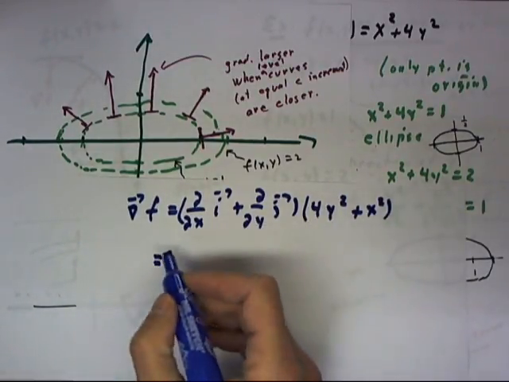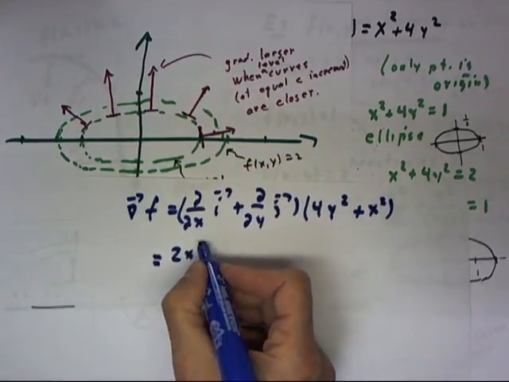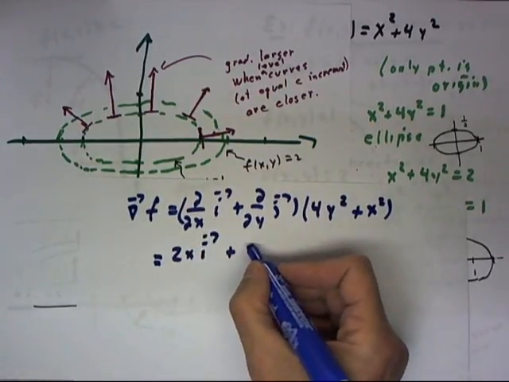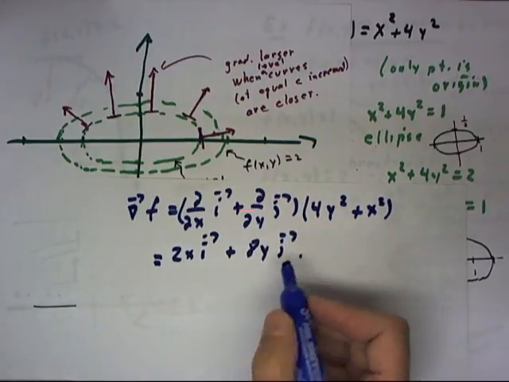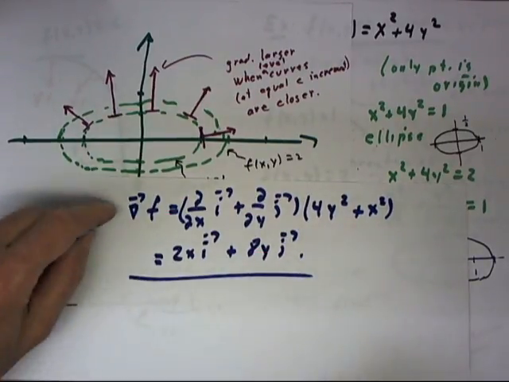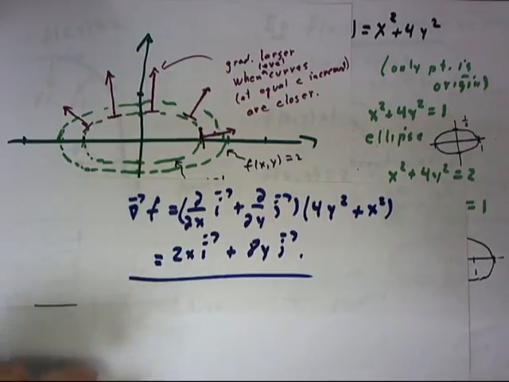And the partial with respect to x is just going to be 2x i, plus 8y times j. So, not a difficult calculation at all.